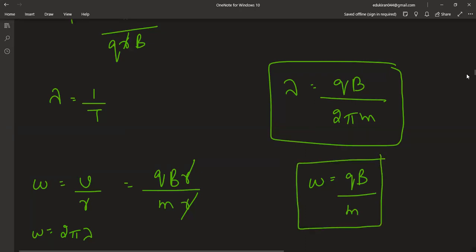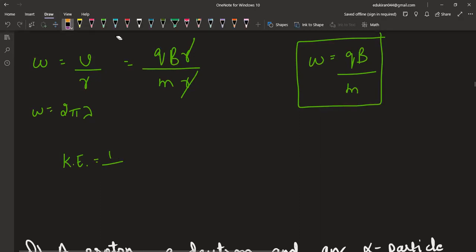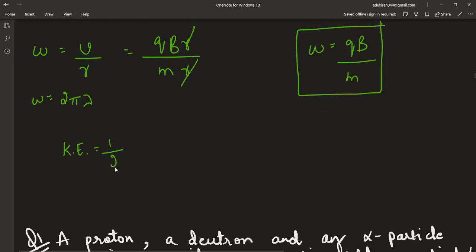Fine. Also, one last thing. Kinetic energy's formula is half mv square, right? So once you substitute the value, v is qBr by m, so half m times qBr by m whole square.